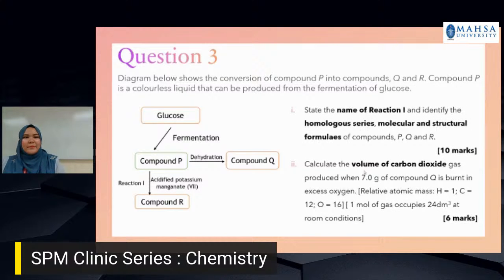So question number 3. This is another question, which we call a diagram question. So all the information will be inside this diagram. If you can see here, we have glucose, compound P, compound Q, compound R. So the question is you need to state the name of reaction 1. So first, extract all the information that you can get from here.